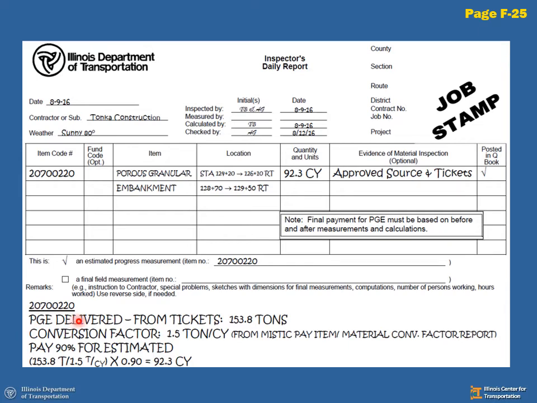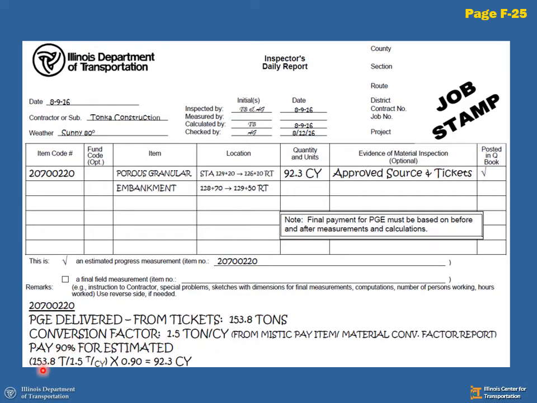Here we have PGE that was delivered from weight tickets. We added up our tickets at 153.8 tons. Our conversion factor that we looked at from the Mystic conversion factors on the IDOT webpage was 1.5 tons per cubic yard. So for every 1.5 tons that was delivered, for estimating, it should equal approximately a cubic yard.